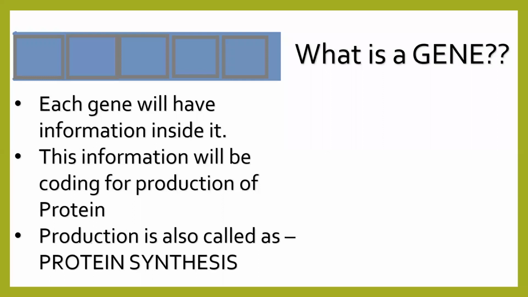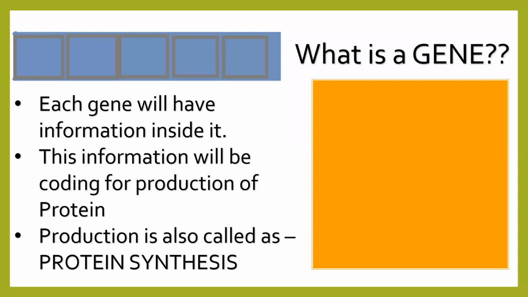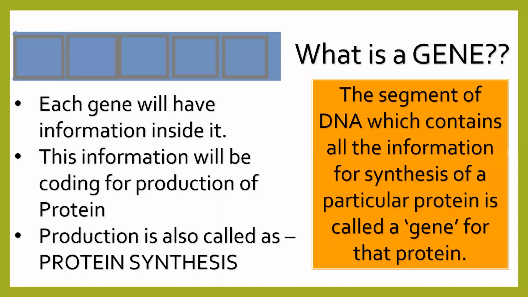Now, if you've agreed and if you have understood gene, let's quickly understand the definition. The definition is very clearly given even in the textbook. Here you go with the definition. What is a gene? The segment of DNA which contains all the information for synthesis of a particular protein is called the gene for that protein.